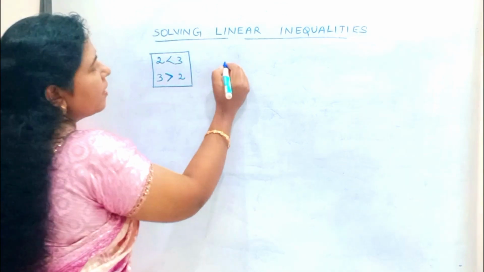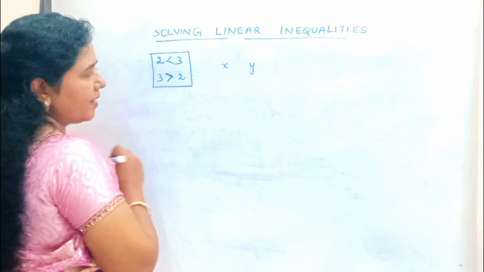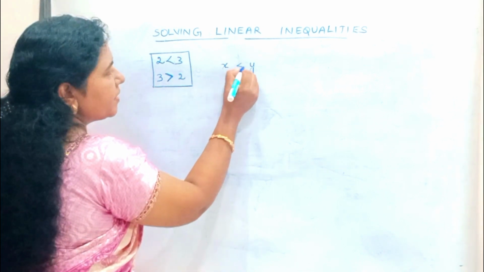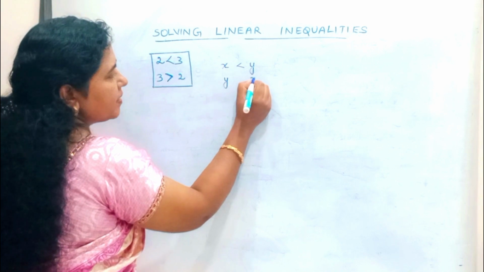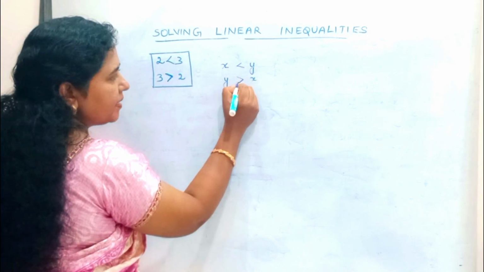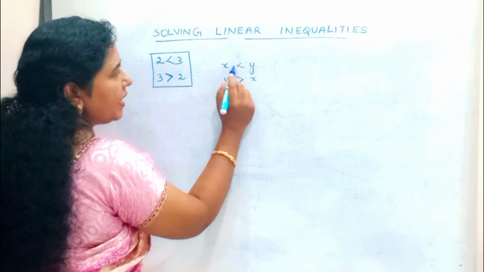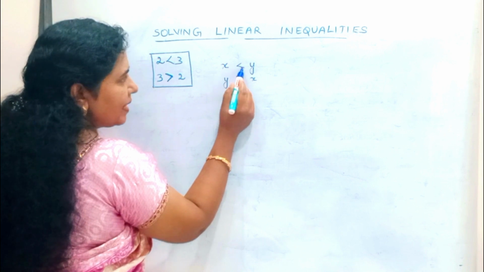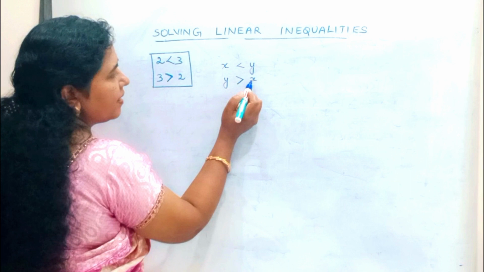So now if we are having x in the left hand side and y in the right hand side, and if I am going to bring this y to the left hand side and this x to the right hand side, I have to change the sign of this inequality. I have to change this less than symbol to greater than symbol, since y is greater than x.